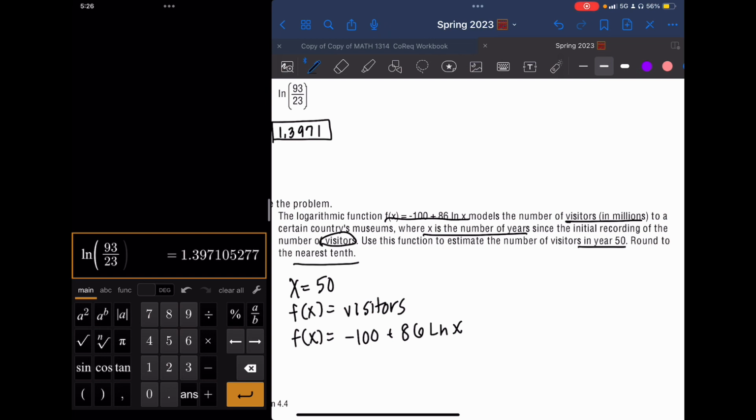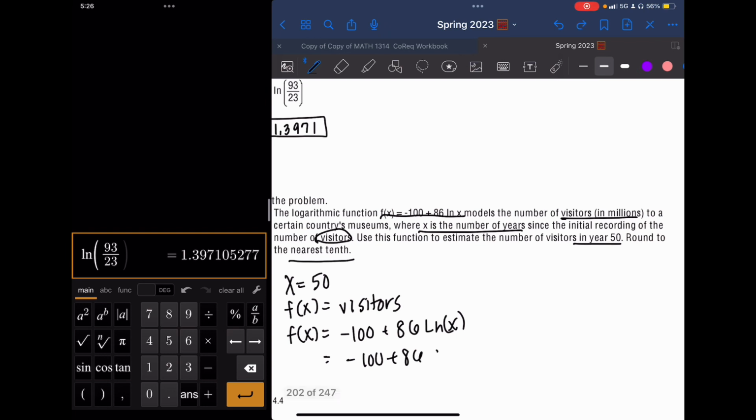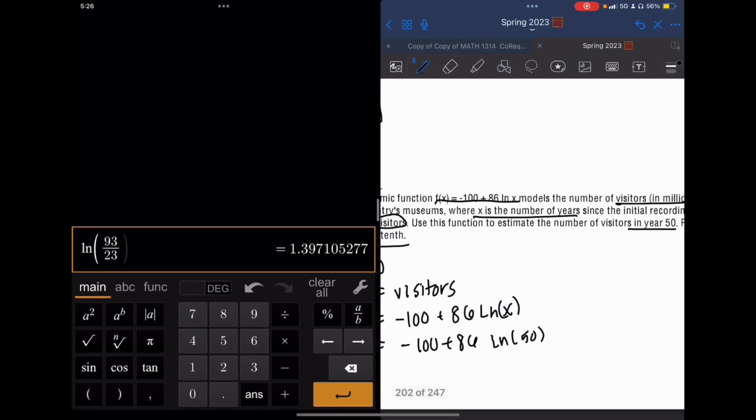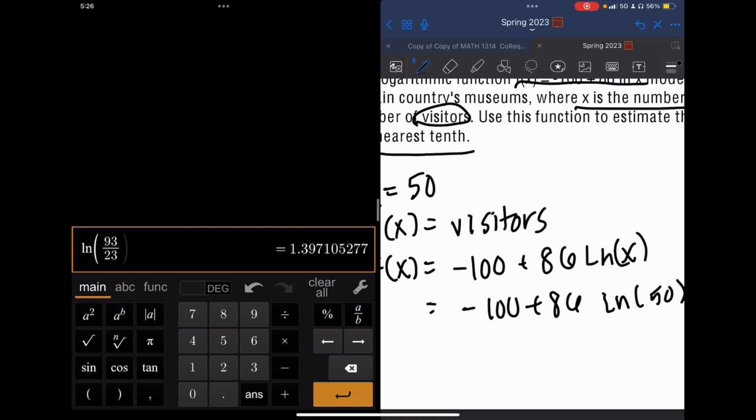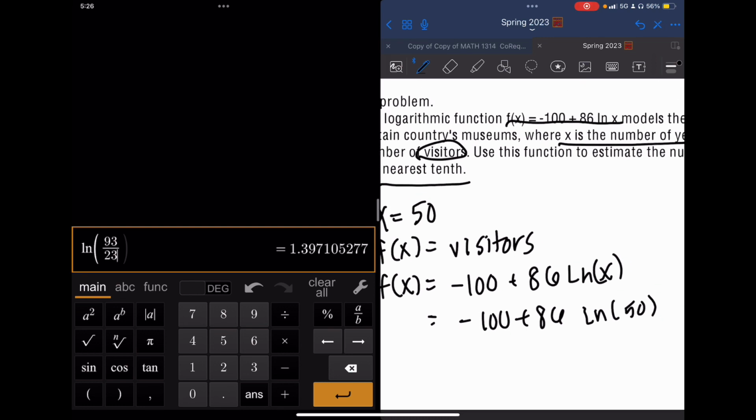So when we set this up, this is how I like to put parentheses, negative 100 plus 86 ln of 50. So that's what we're putting into our calculator to get the f of x.